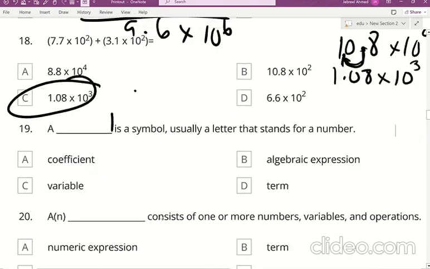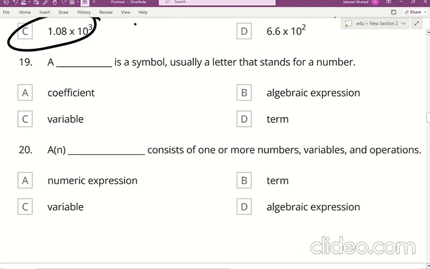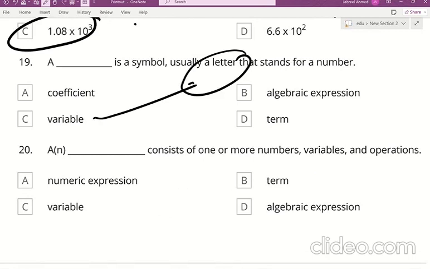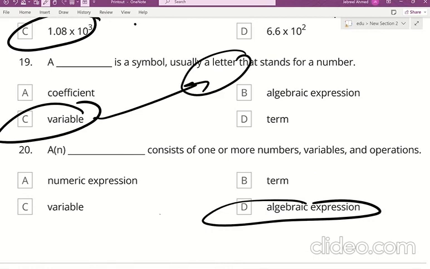Next one. I don't think this is going to come on the exam, but if you see the word letter, think of variable. An algebraic expression has numbers, letters, or variables, and operations.